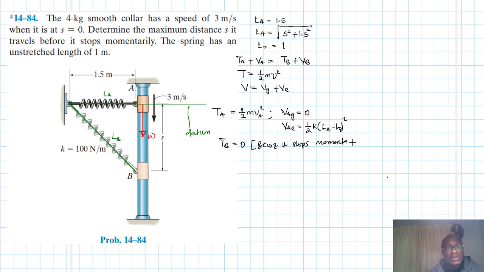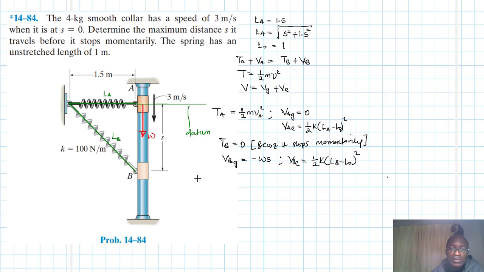That's what we've been told, right? And then VBG is just going to be equal to minus WS, okay? And VBE is just equal to half k times LB minus L0, squared.